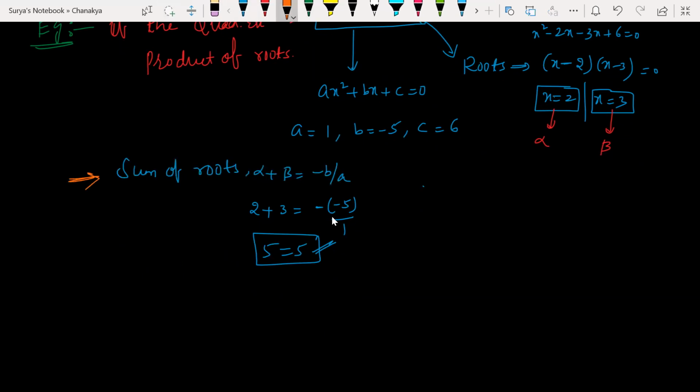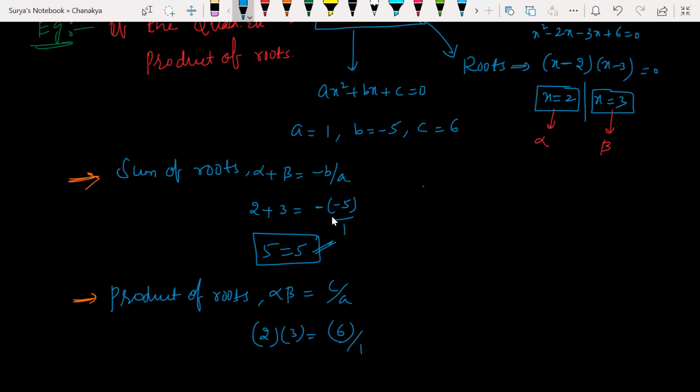So look at this now. This is sum. Now let us talk about product of roots, which is alpha beta, which is going to give me c by a. Alpha is what? 2. Beta is what? 3. C is what? 6 by 1. So 6 is equal to 6. We are getting LHS equal to RHS.